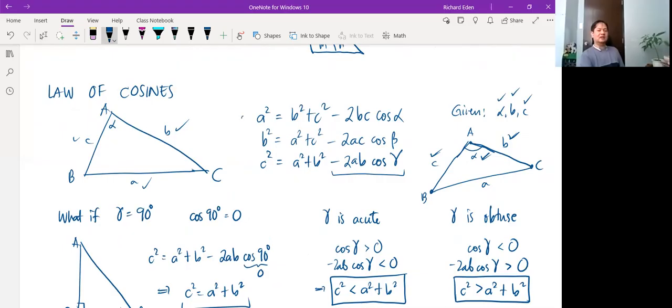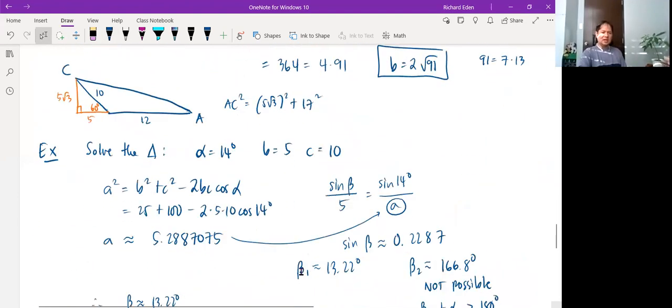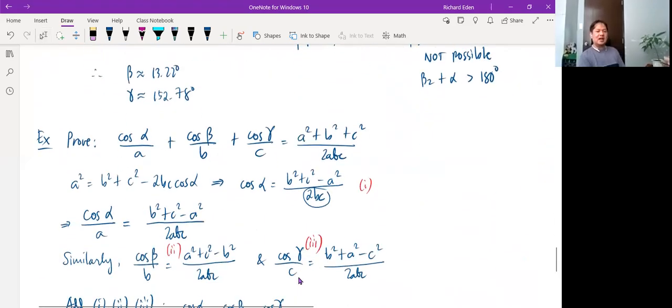If you look at the first equation, that's precisely what you would use. If you were given A, B, and C, this is the equation to determine cosine alpha and eventually figure out angle alpha. Equations 2 and 3 look similar, except the denominators are twice BC and twice AC.